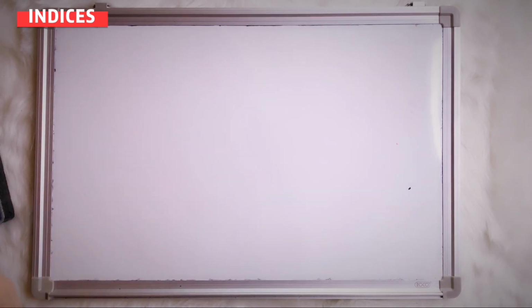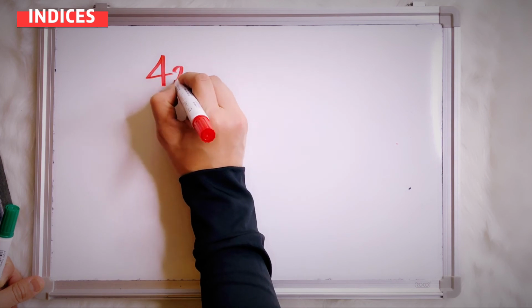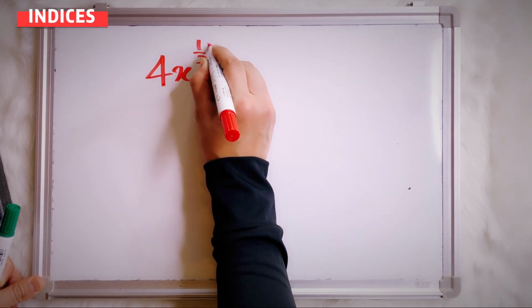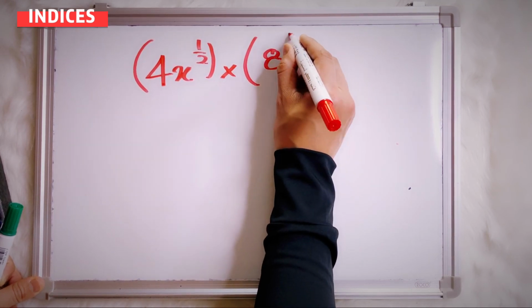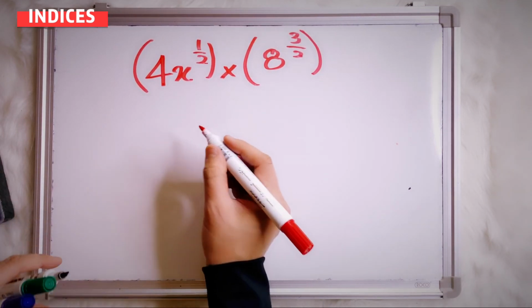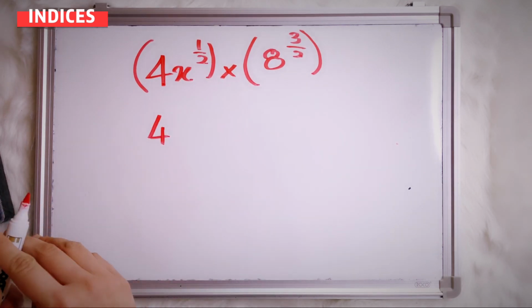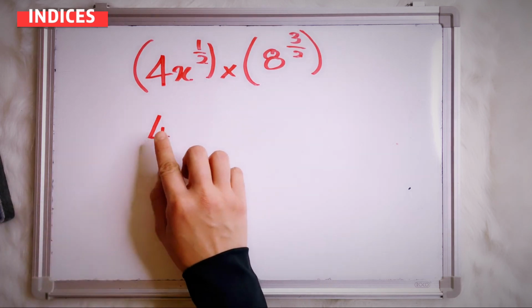Okay, let's say I give you 4x to the power of 1 over 2, multiplied by 8x to the power of 3 over 2. Okay, same thing. Put the number first. You have to multiply the number first.